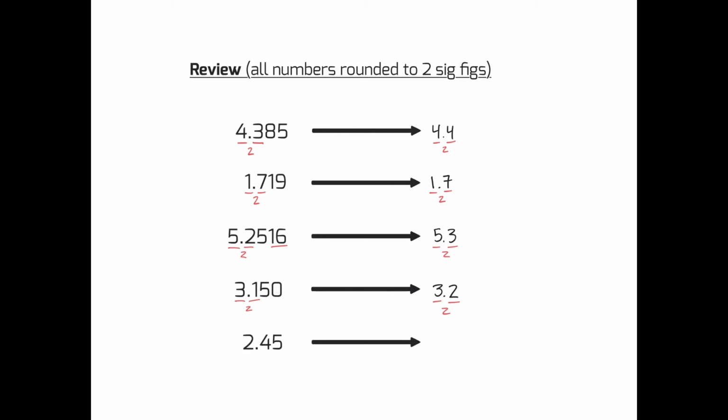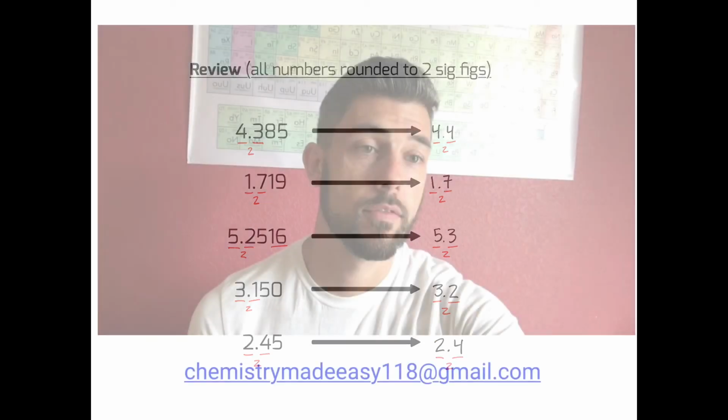In our last example, we're rounding 2.45, so we count off 2 sig figs. Our next number is a 5, and this 5 has nothing after it, it's the last number. So we look at the number before the 5, and because it is even, this 4 is going to round down, which means it's going to stay a 4. So what we get is 2.4, which has 2 significant figures.